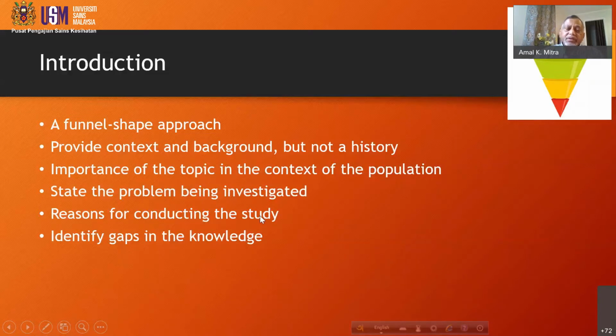One of the reasons is that there is a gap in the knowledge. So that could be one compelling reason that you are doing this study. If you can identify the gaps, that's an important part of writing a paper.